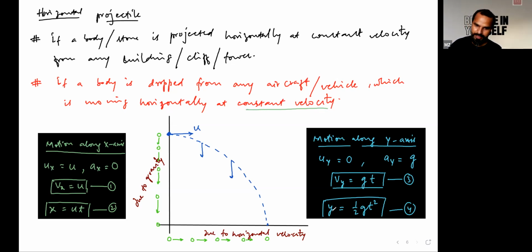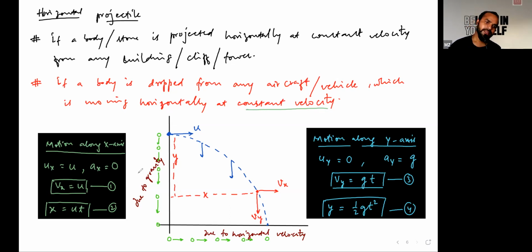So what do you mean by x and y from this particular graph? Let's say the object has reached this point at any instant of time. So it will have a horizontal component of final velocity, and there will be a vertical component of velocity. The total distance along the horizontal direction at this instant would be x, and the total distance along the y-axis would be y.